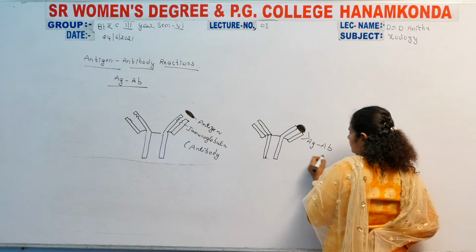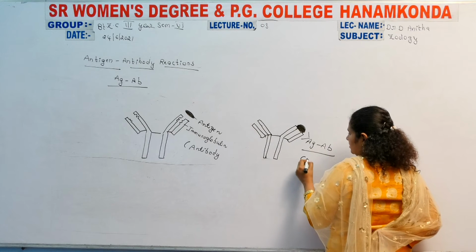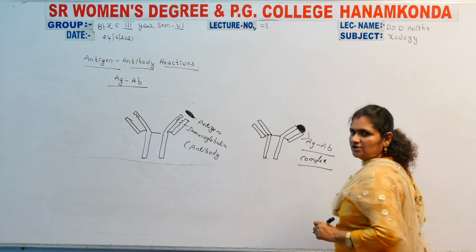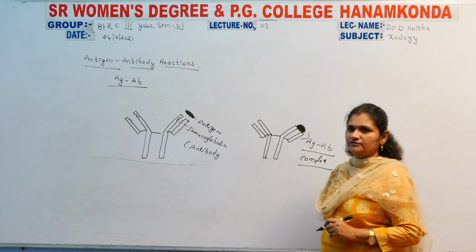Antigen, antibody. So both, a complex was formed. Antigen and antibody complex was formed further.